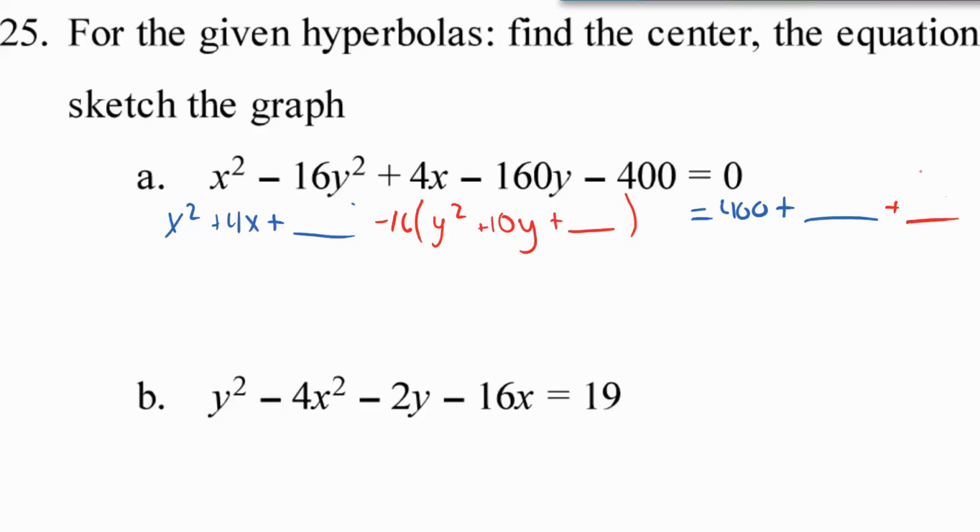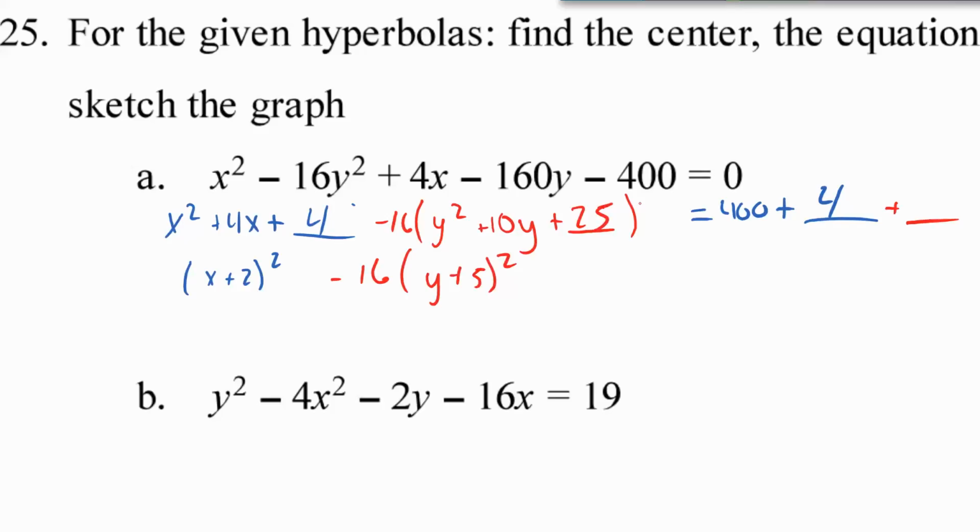Plus the blank spot. All right, so completed the square on the x. X plus 2 squared plus 4 plus 4. Now, if you're having trouble with completing the square, I went through it very slowly in 24. That's why I'm going through it a little quicker in 25. And then with our y equation, y plus 5 squared is 25.